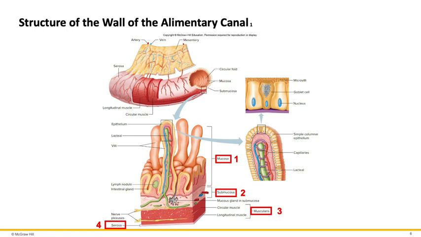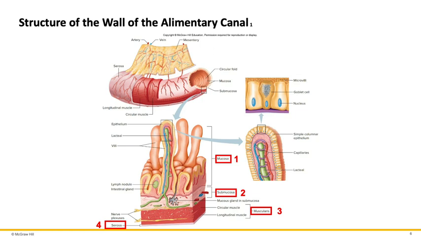Mucosa also contains many glands which secrete mucus and enzymes to break down food. The overall purpose of mucosa is protection, secretion, and absorption of nutrients.